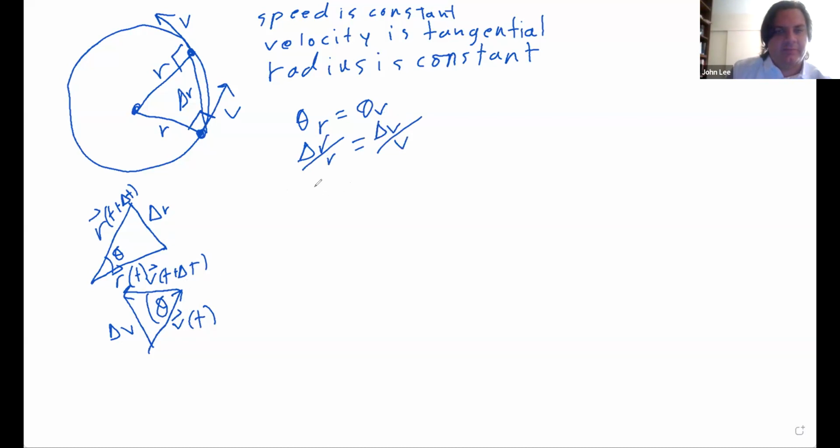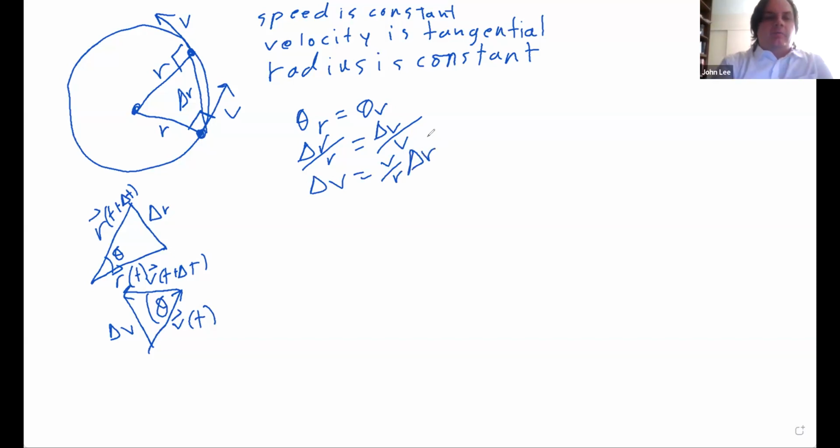So delta v is going to become v over r times delta r.